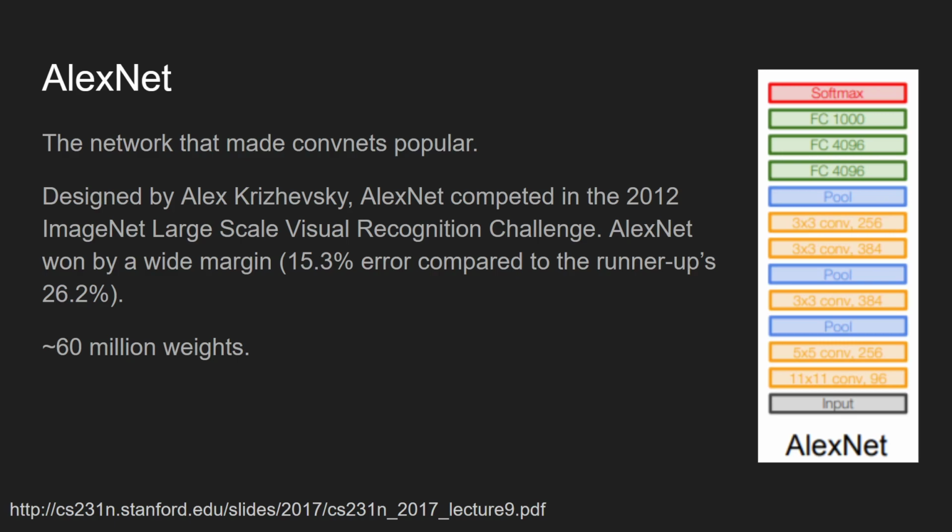It's not the best network. There are a lot of ones that have gotten better since, but it was very much something new and it blew away the competition, blew away expectations.